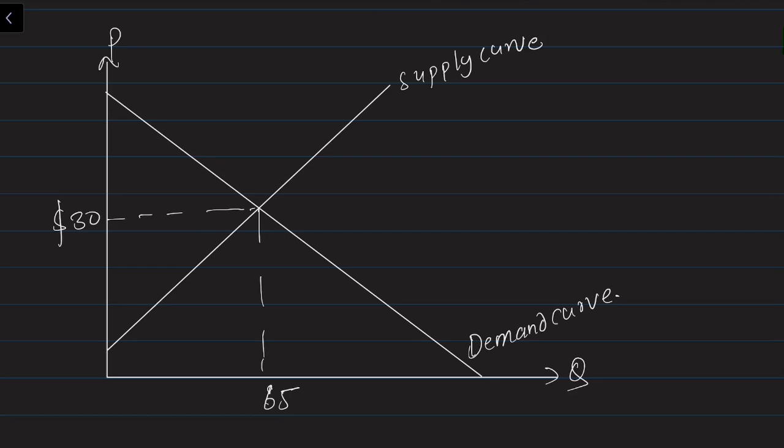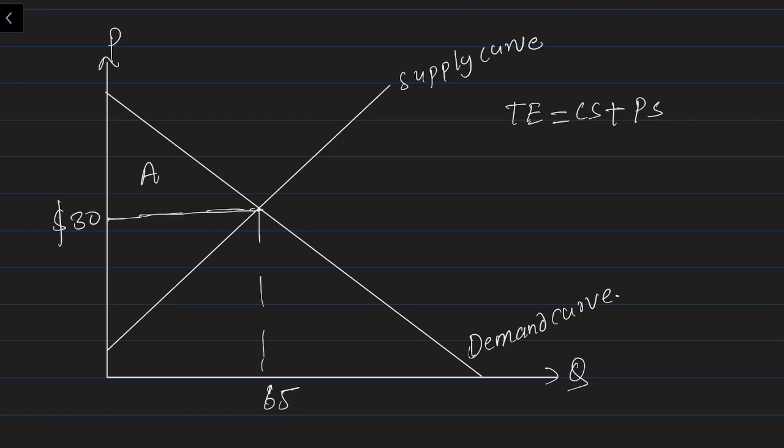Now my question is, what is the total economic surplus? To find out the total economic surplus, we need to find out the consumer surplus and the producer surplus. What is the consumer surplus first? We know that the consumer surplus is the area above the equilibrium price and below the demand curve.